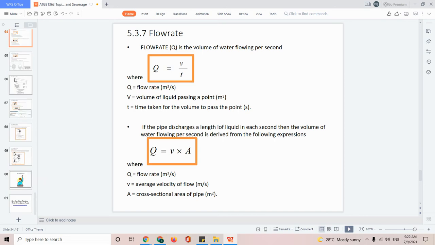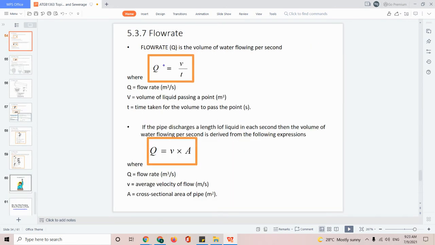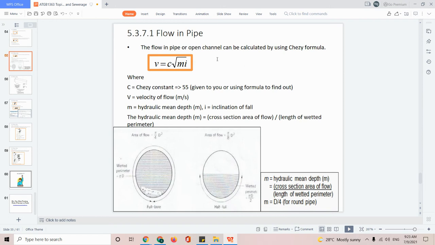Okay, so we come to the final portion of this chapter. In this chapter, the only calculation we have is the charges formula.